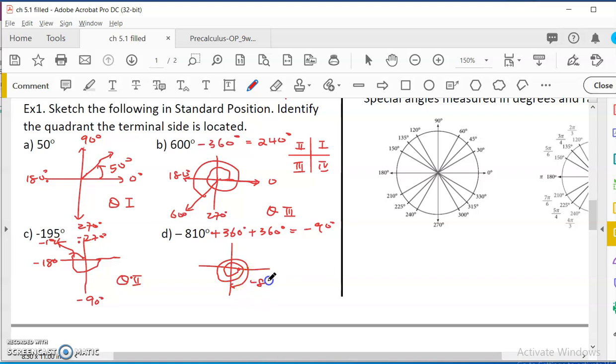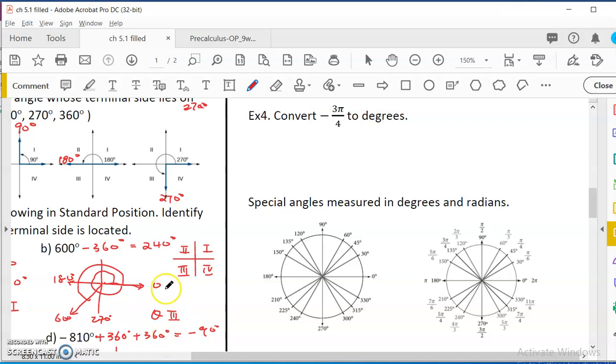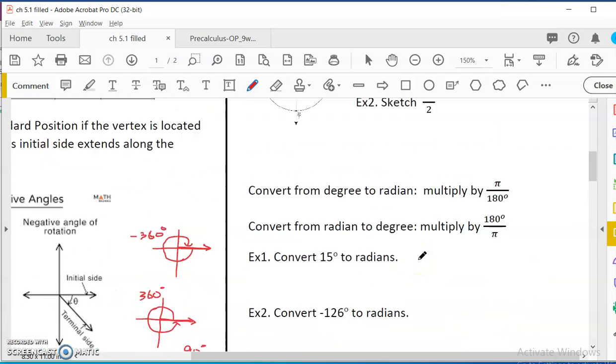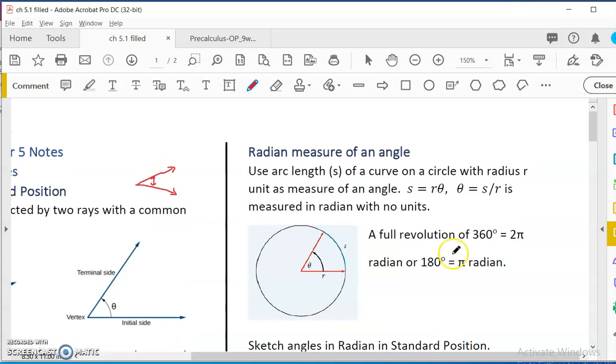So negative 810. What quadrant is it? It is not in either quadrant, it's on the y-axis. It's a quadrantal angle. Okay, so that is sketching angles in standard position. The goal is to have angles that are positive and negative, and also greater than 360.